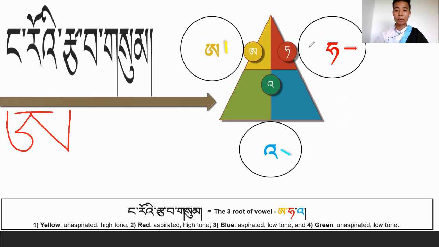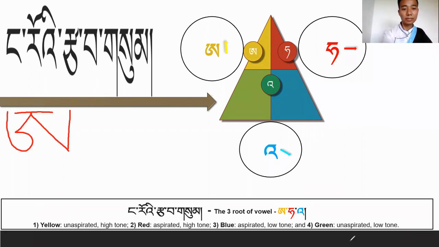The second one is ha. It is the medium tone or sound or vowel. How do we write this one?